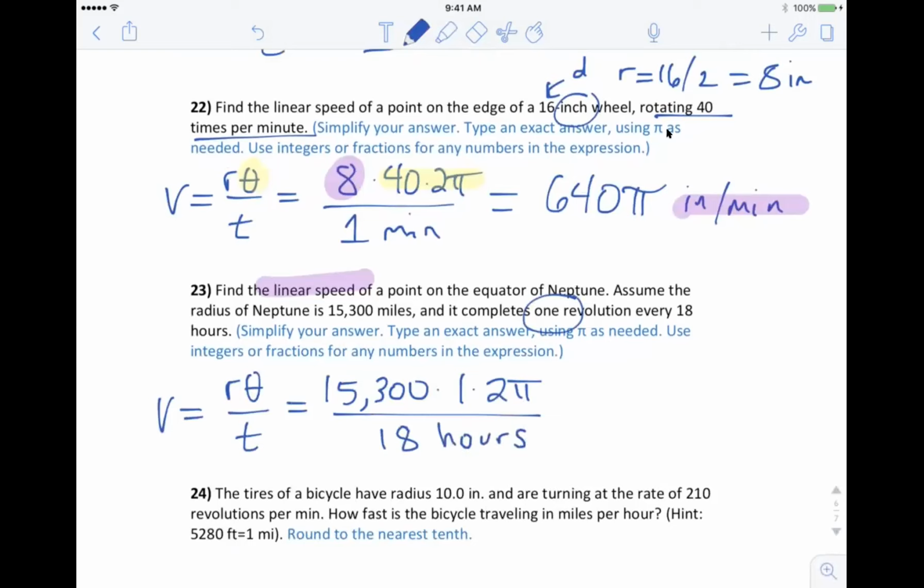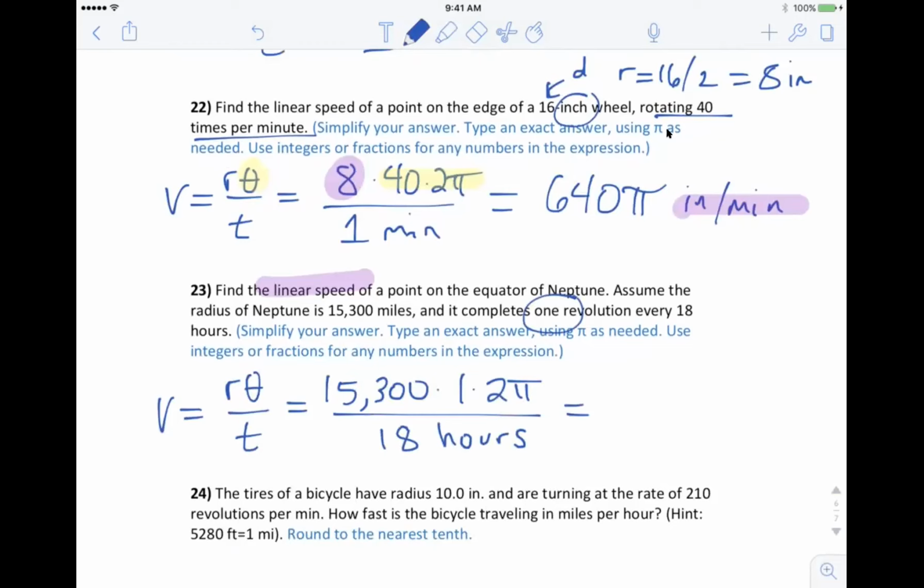Okay. And then again, it just wants exact. That's like the homework. I think a lot of them are exact. So maybe 1 or 2 wants some rounding, but so model the homework there. All right. So now I'm going to just calculate 15,300 times 2, right? And then divide that by 18. Okay.